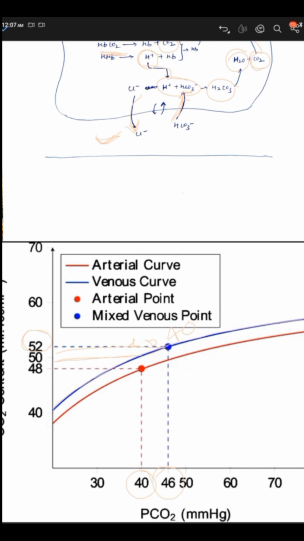Because of the presence of the Haldane effect, which happens due to change in partial pressure of O2, the graph is slightly shifted downward. Meaning at alveoli level, what happened? Instead of 50% volume of CO2, here 48% volume of CO2 is being carried, which means the change in volume of CO2 is 4%.